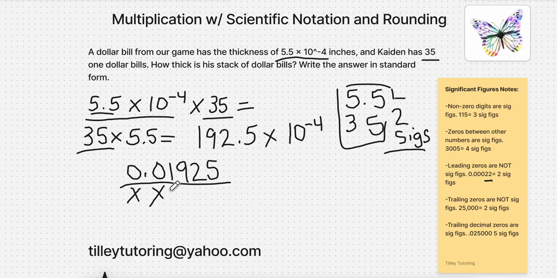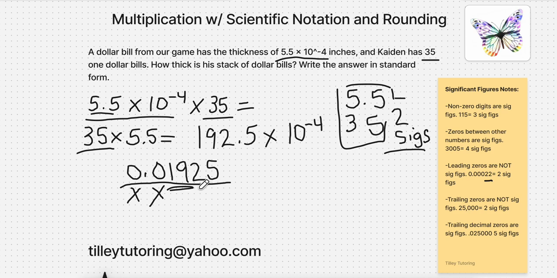So we have to round over to our first significant figures, which in this case are 1 and 9. In order to know if we need to round up or keep that number the same, we look at the number to the right of it. If it is 5 and above, it rounds up. If it's less than 5, we keep it the same.